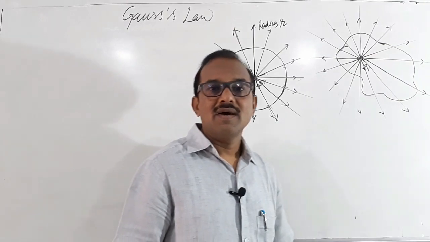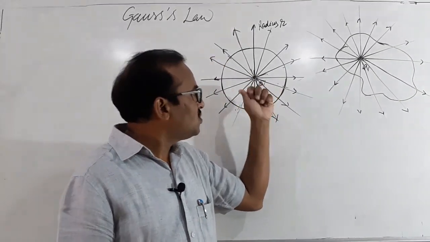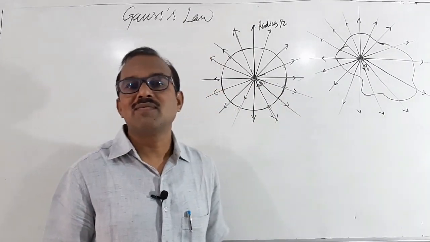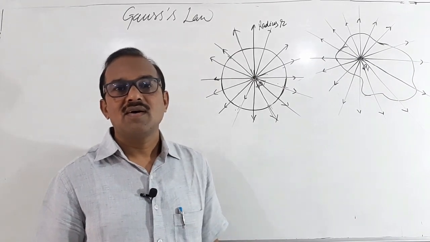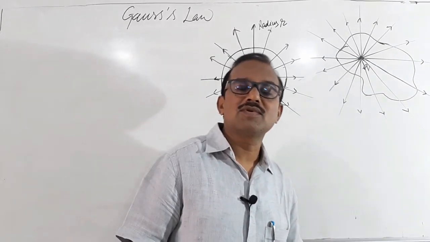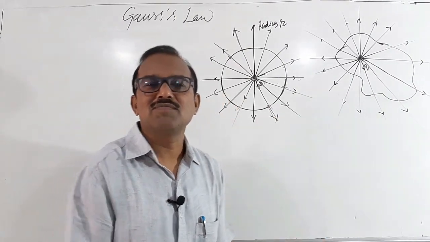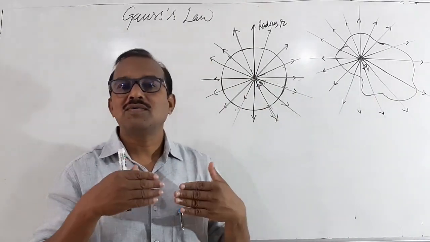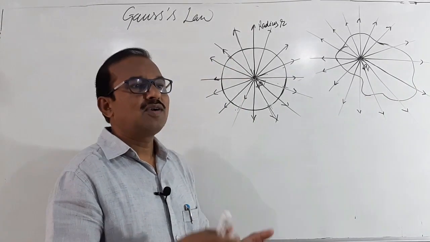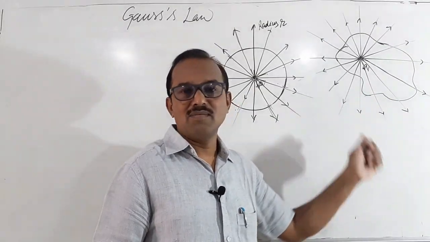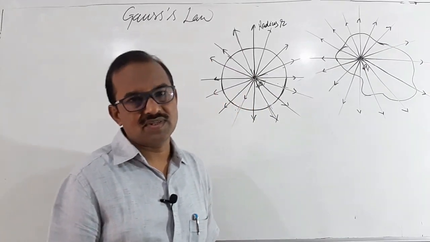So again I am saying, since total flux is directly proportional to the total number of lines passing through a surface, whether the surface is perpendicular to the electric field lines or not, what is important here is that total flux is directly proportional to the total number of lines passing through the surface.